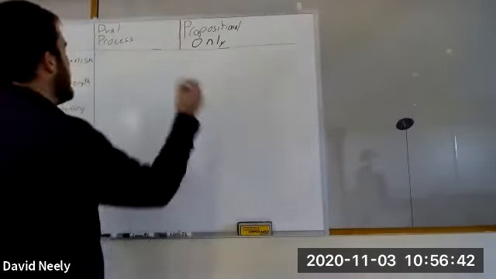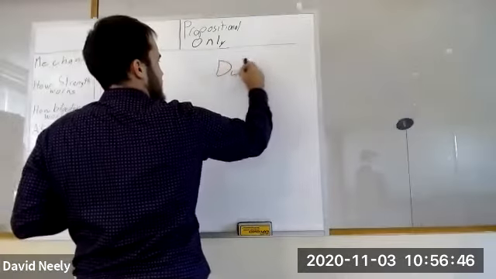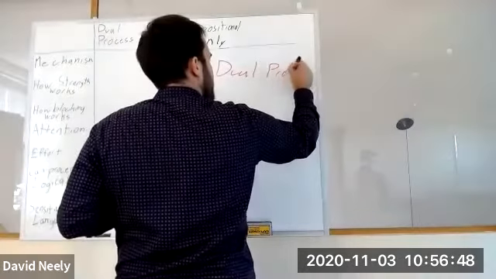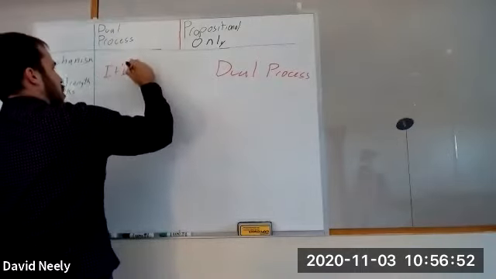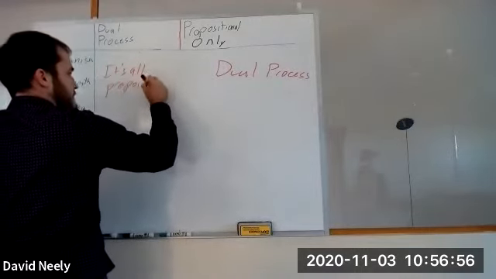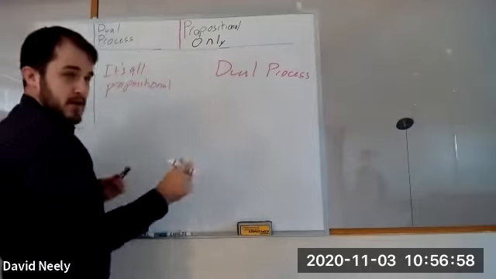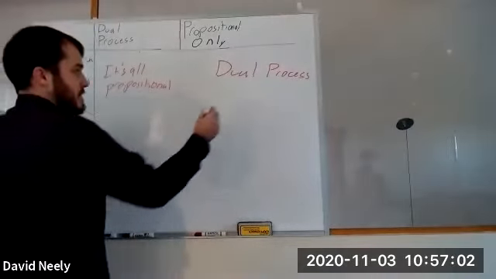All right, so with a dual process, let's just compare. We've got this dual process theory, and the idea of it's all propositional. These two views share a lot in common.